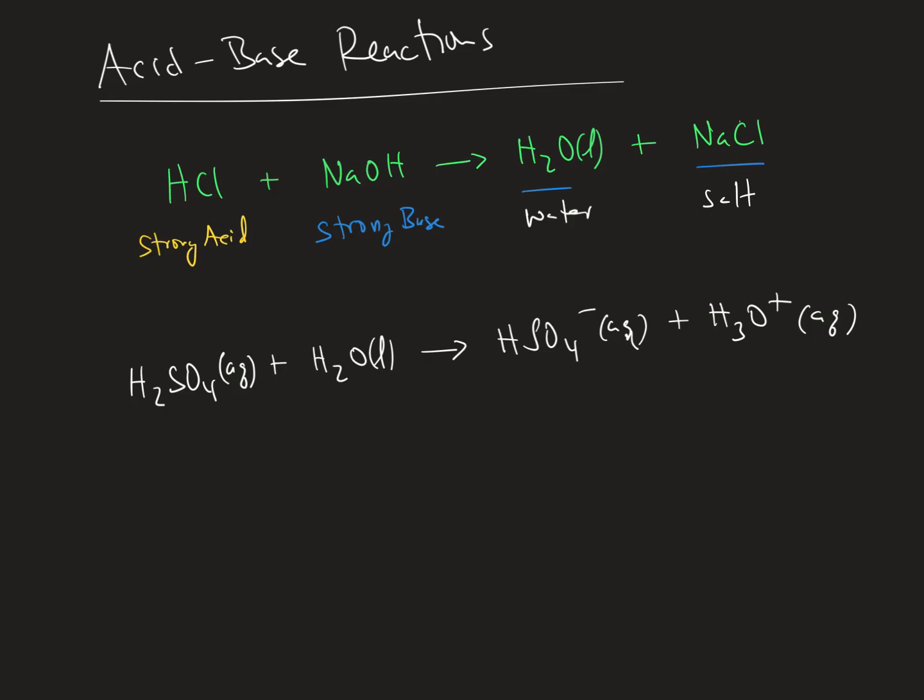Water could be an acid or a base. What is it in this equation? Base. How do you know? Because the other one's an acid. So here's our acid, and here's our base.